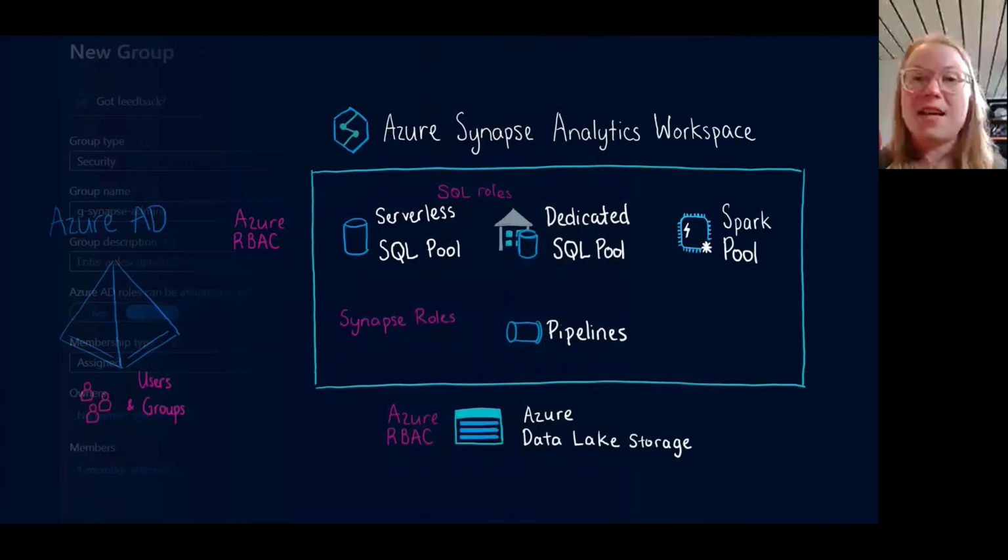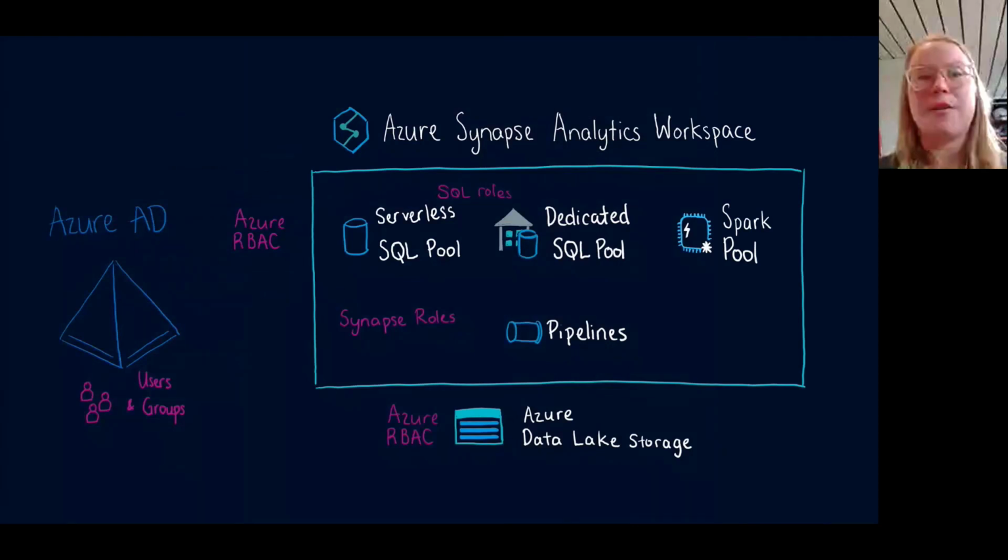If we think about this setup from the perspective of the admin, we would add those admins to, for example, the Azure RBAC role that enables them to manage Azure Synapse Analytics. We would add them to the contributor role. If we want them to be able to add other users as well, then we need to have them in the owner role.